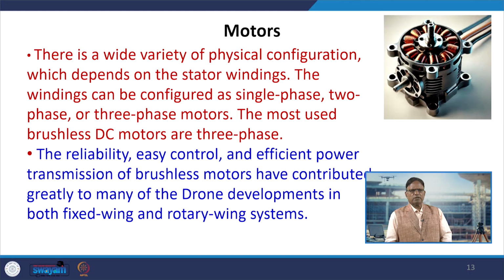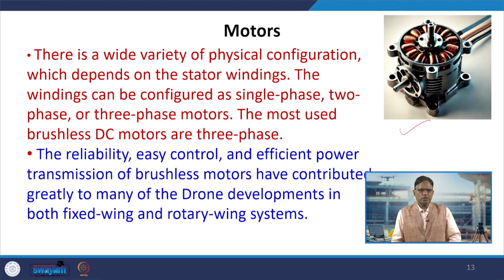These motors come in a wide variety of physical configurations. You can see a typical example shown in the diagram here. It depends upon the stator windings, which are done here. Windings can be configured as single phase, two-phase or three-phase motors.